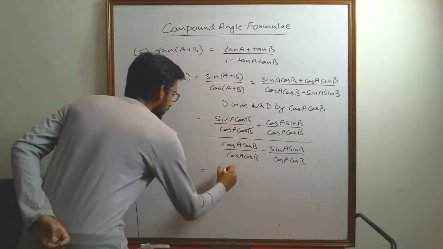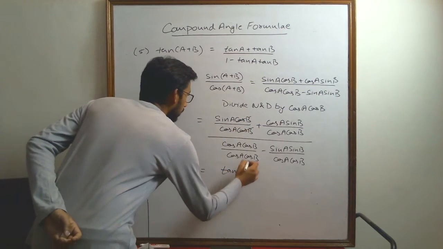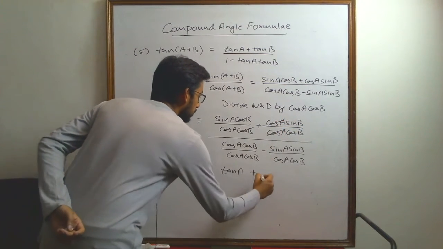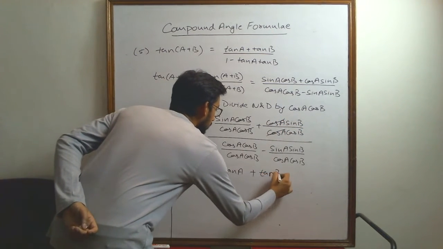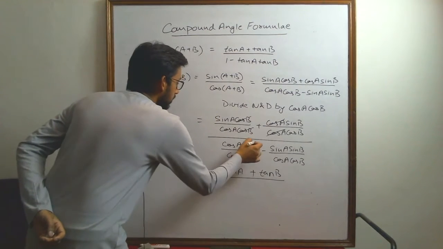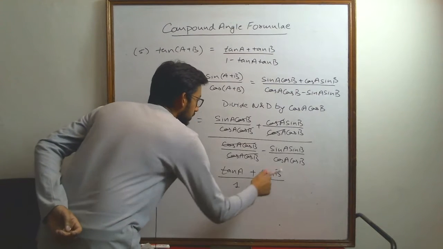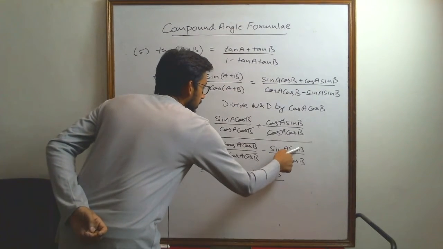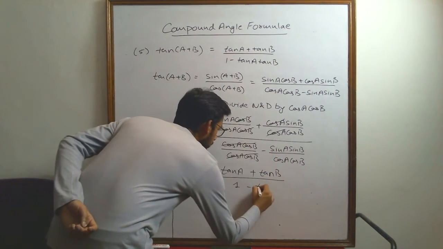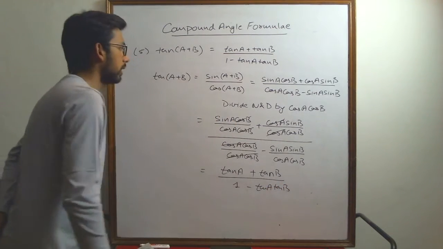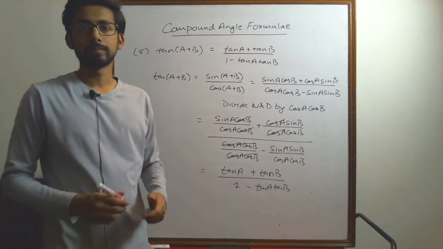Sin A upon cos A is tan A plus, cos A gets cancelled, sin B upon cos B is tan B, upon 1 minus sin A upon cos A is tan A, sin B upon cos B is tan B, so tan A into tan B, and this gives us the formula for tan A plus B.